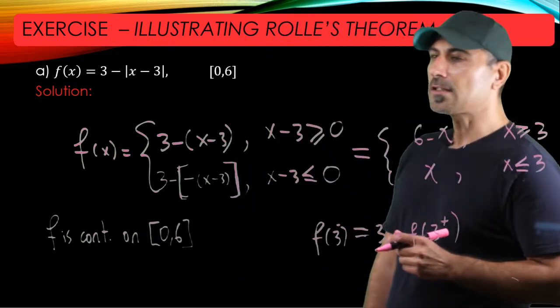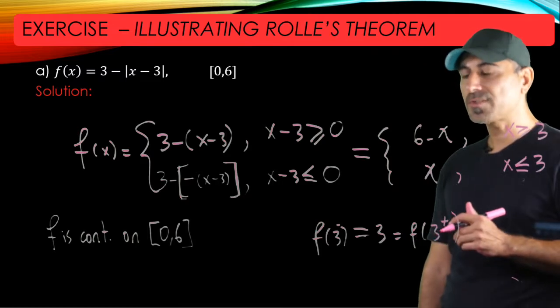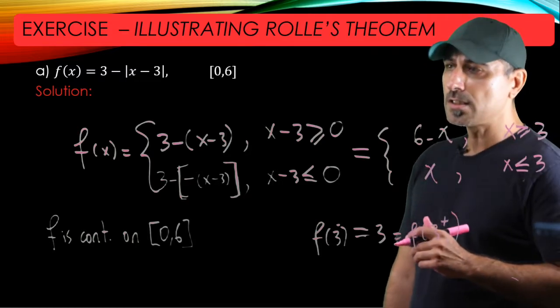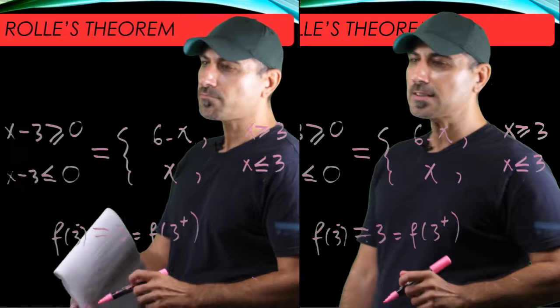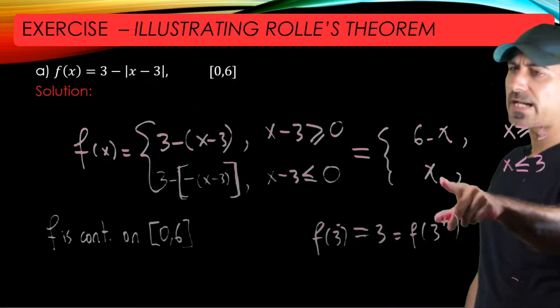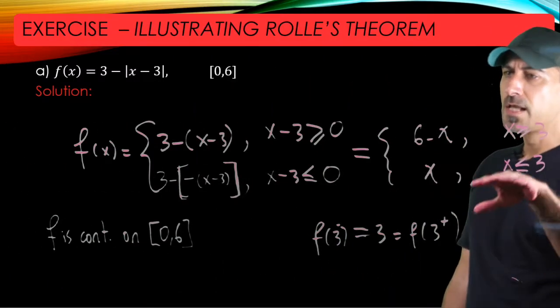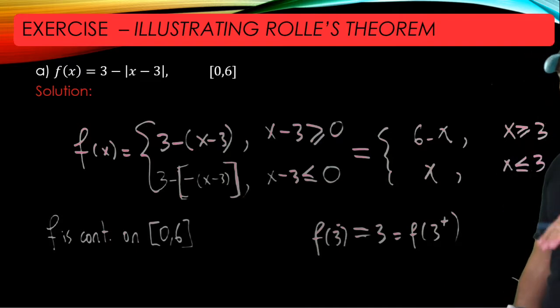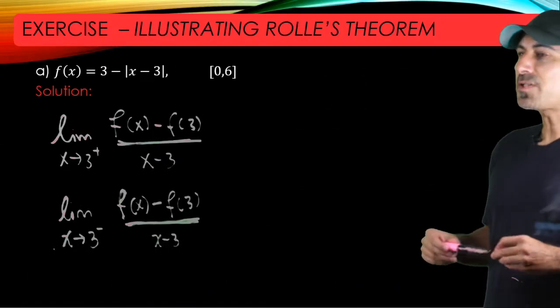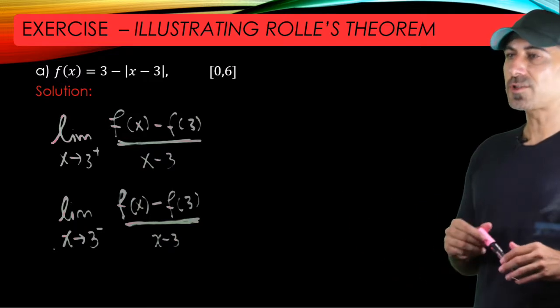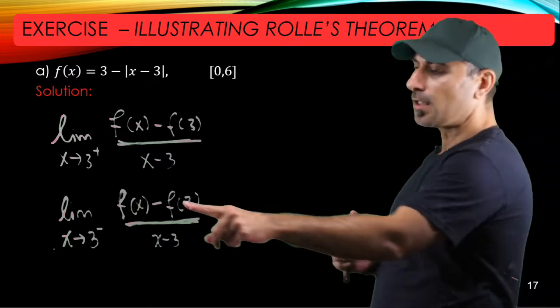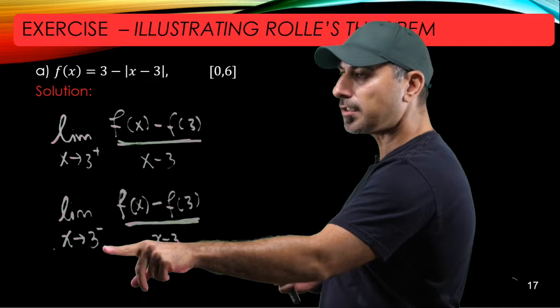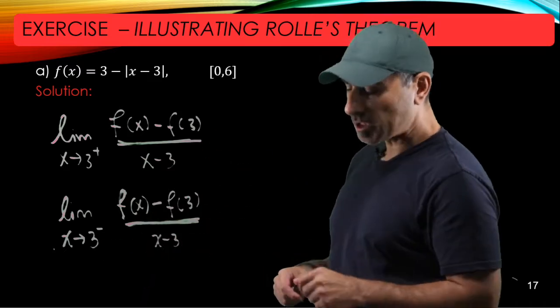Let's check the second property, which is the differentiability on the open interval 0 and 6. Staring at each piece here, f is differentiable for each piece if we are not considering the junction point 3. But at the junction point 3, there could be a problem, so let's investigate that. Recall from the previous chapter that we check for differentiability at the junction point by looking at the right and left limits of these quotients.